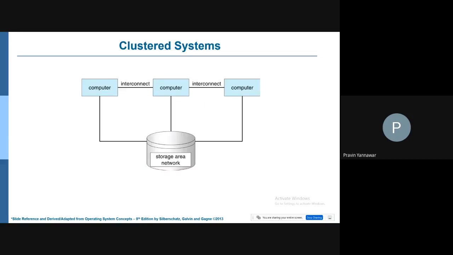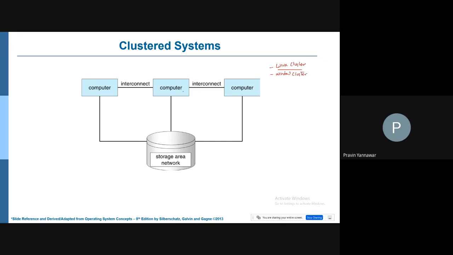Now, a clustered system is very easy. You can build a Linux cluster, or you can have a Windows cluster, or a Unix cluster likewise.